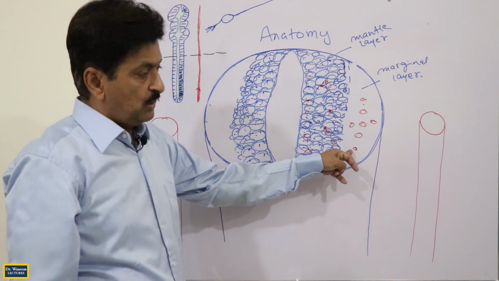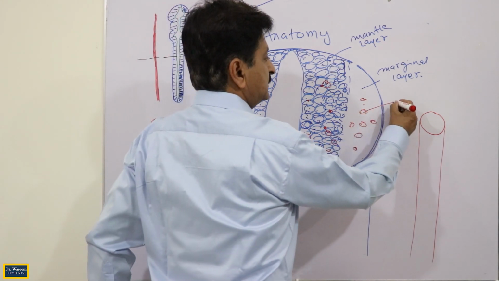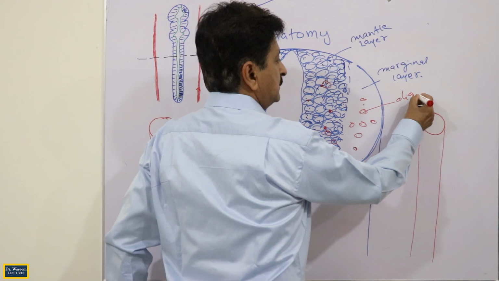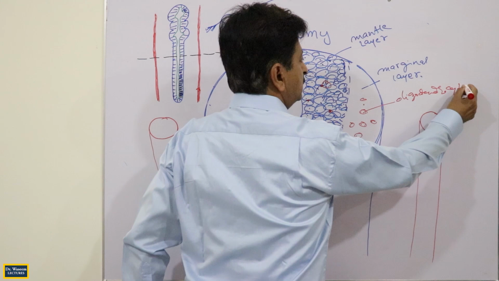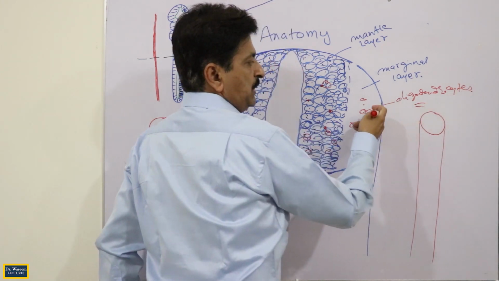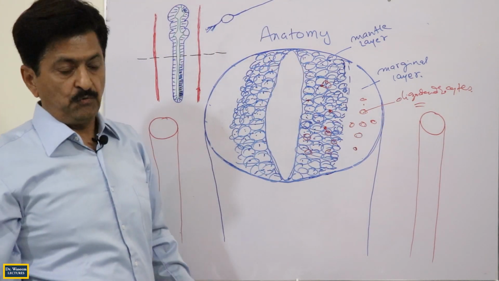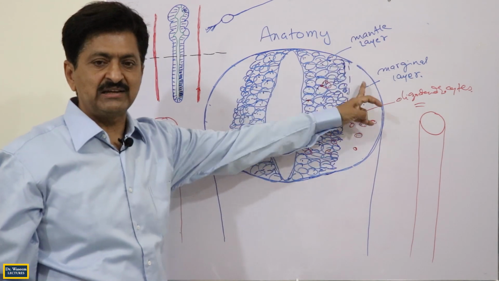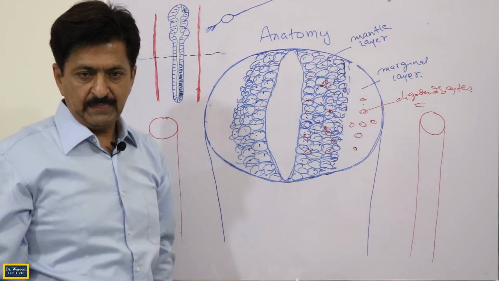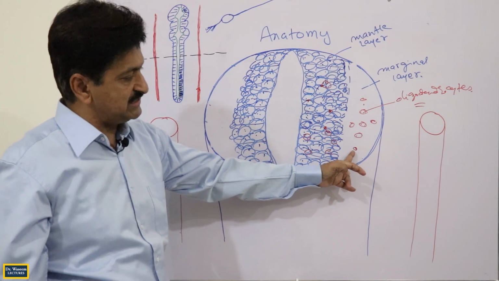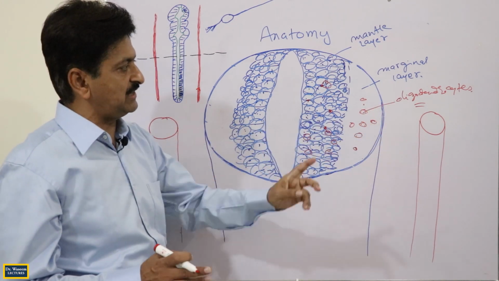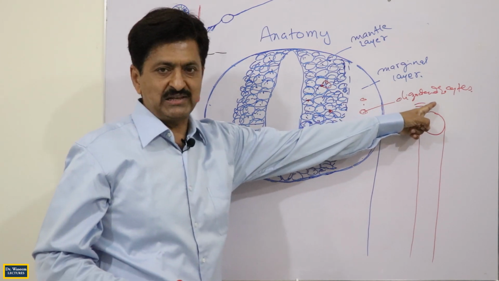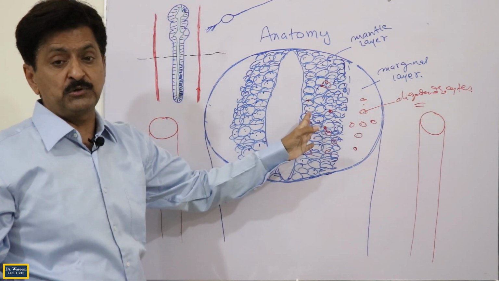So these oligodendroglial cells, oligodendrocytes, will form the myelin sheath for the neurites which are running here in the marginal layer, and the oligodendroglial cells again come from the neuroepithelial cells.